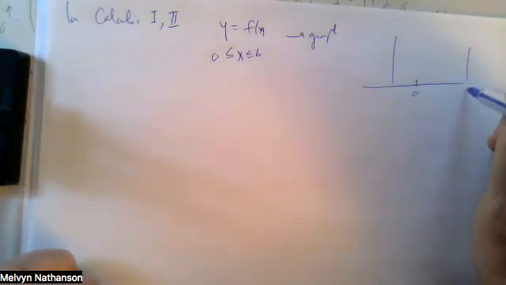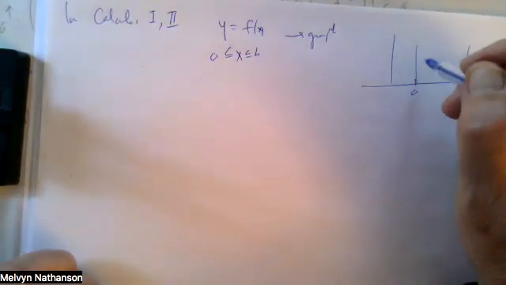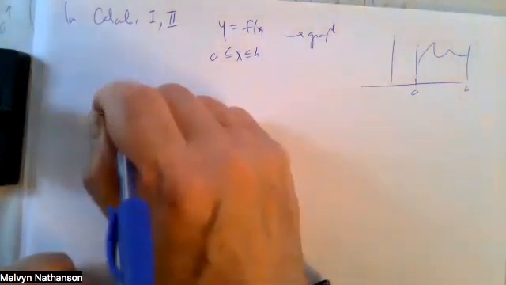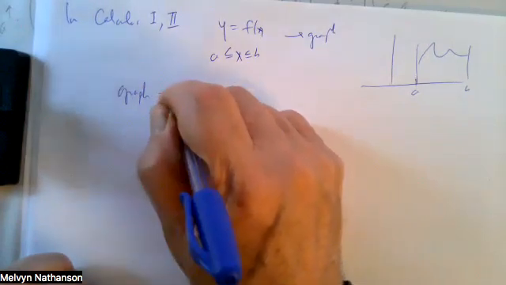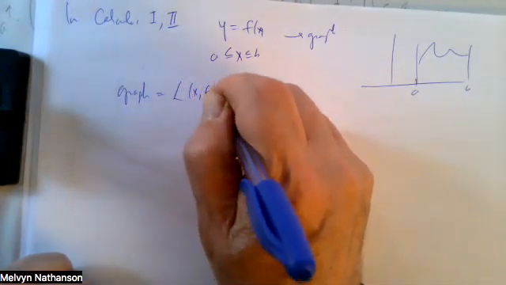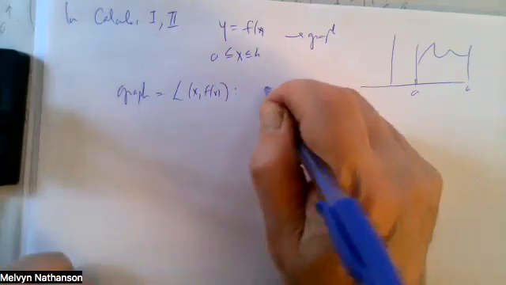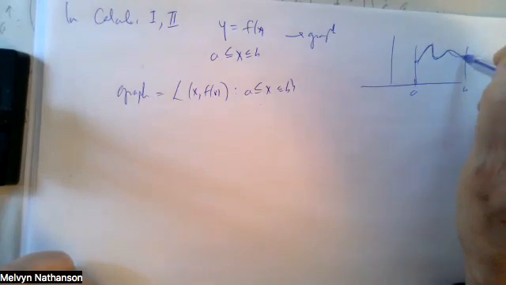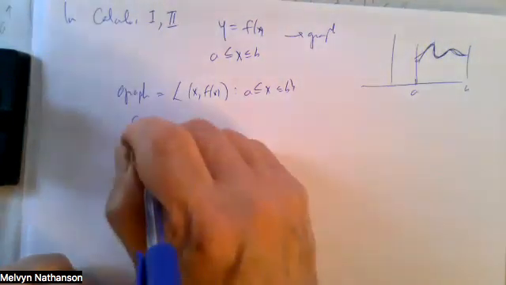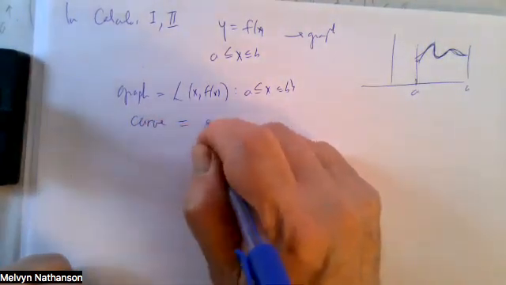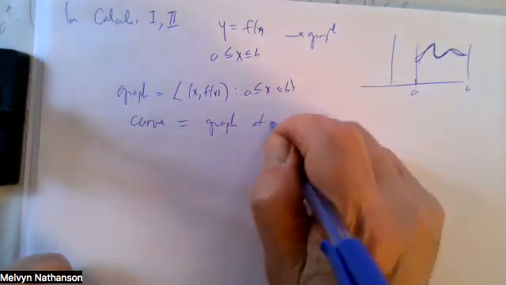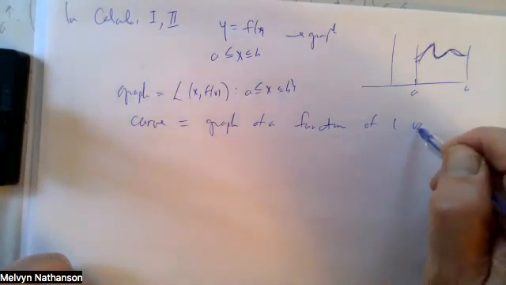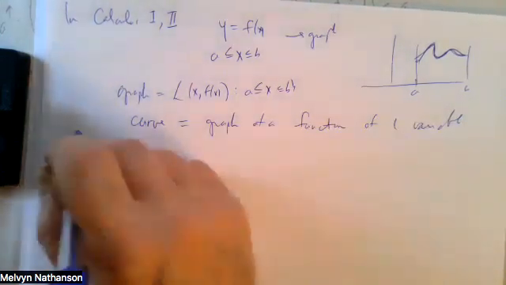So here's a and here's b, and the graph is the set of all points x comma f of x, where x is between a and b. So you get some curve. So the curve is the graph of a function of 1 variable.